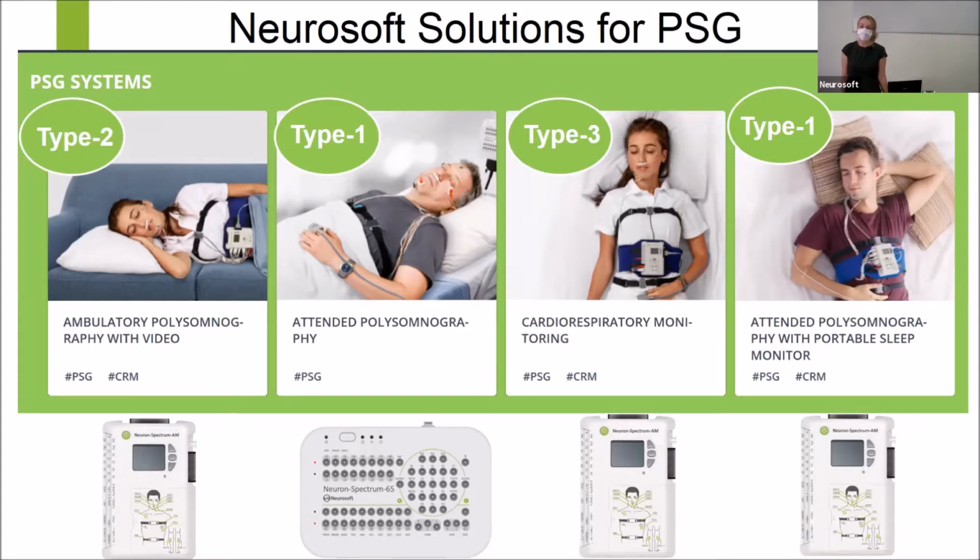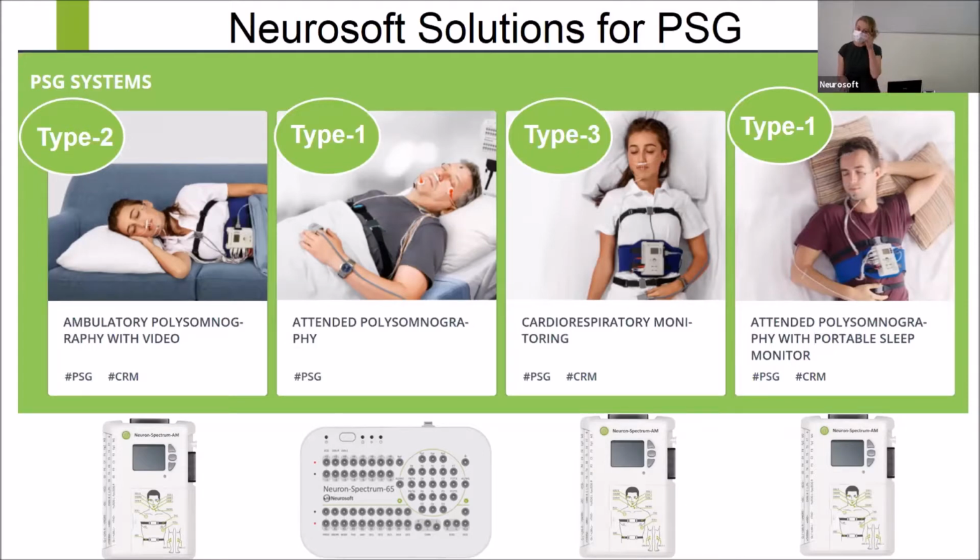The third PSG solution of the Neurosoft company is the modification of Neuron-Spectrum-AM, Neuron-Spectrum-AM CRM, Neuron-Spectrum cardiorespiratory monitoring. This modification is designed for cardiorespiratory monitoring only.